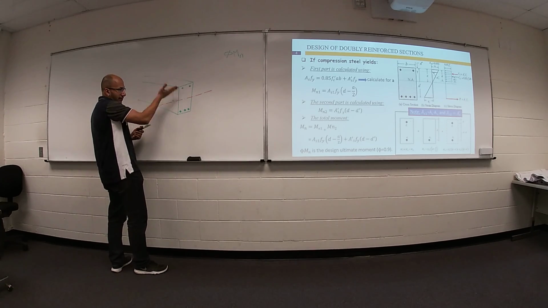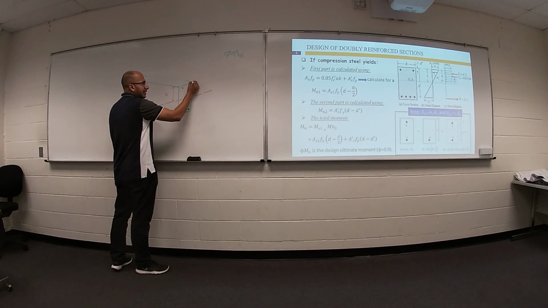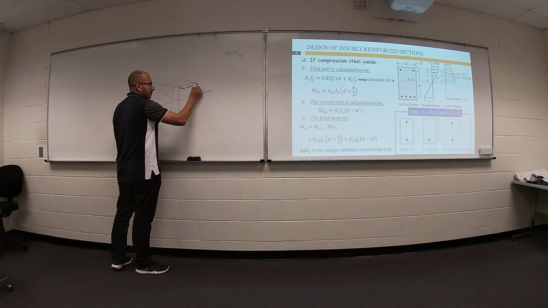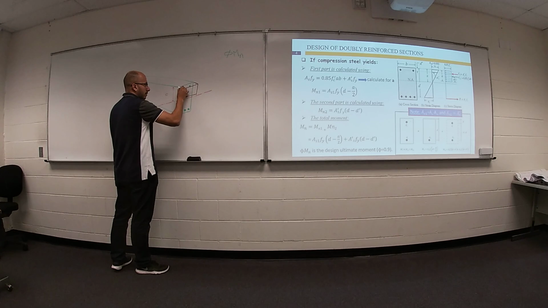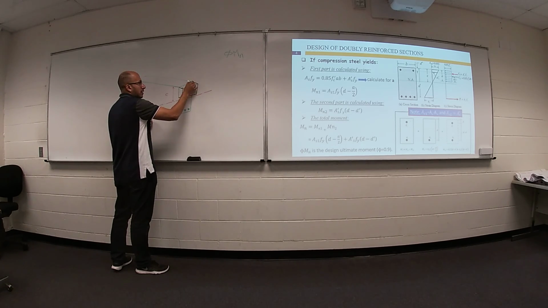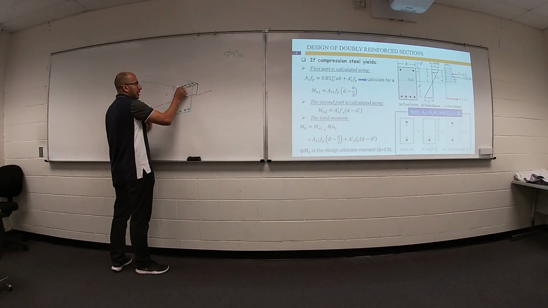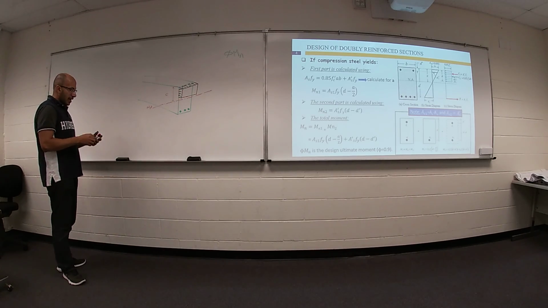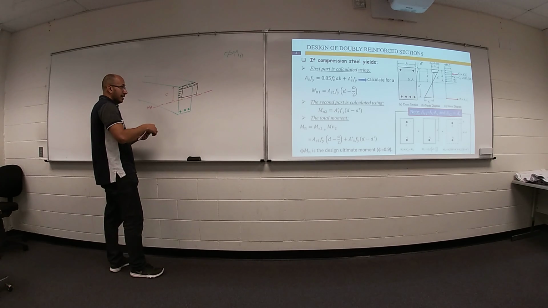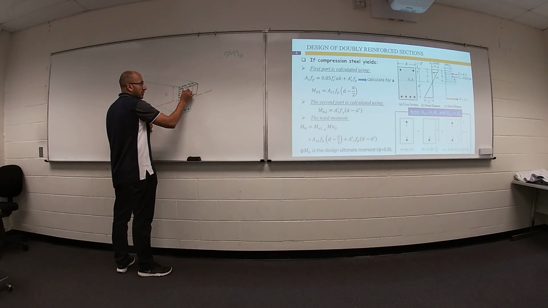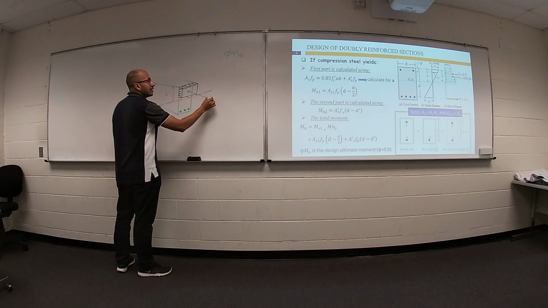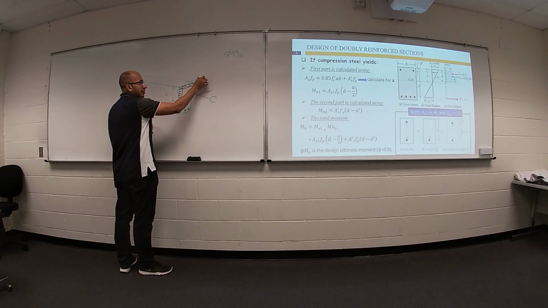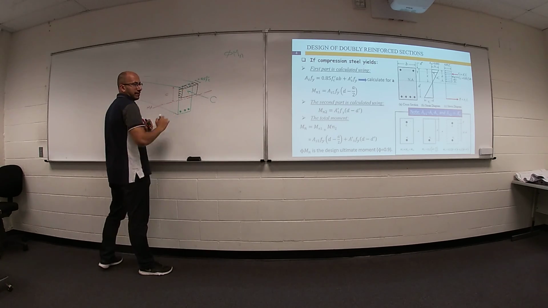Just a little above your neutral axis, we have compression block in concrete, and the resultant of this block is called capital C, with stress 0.85 f'c.